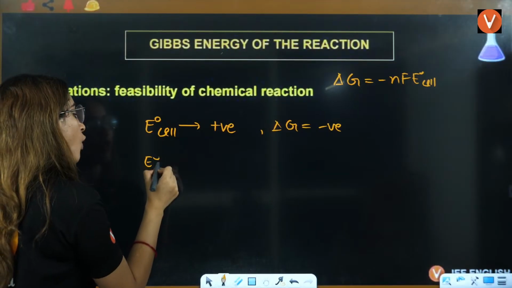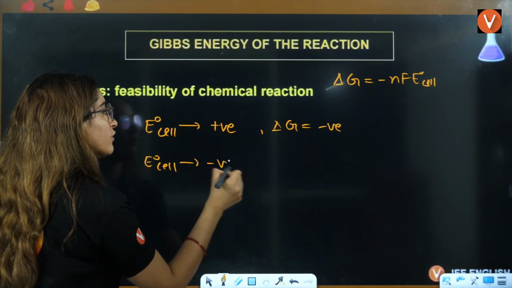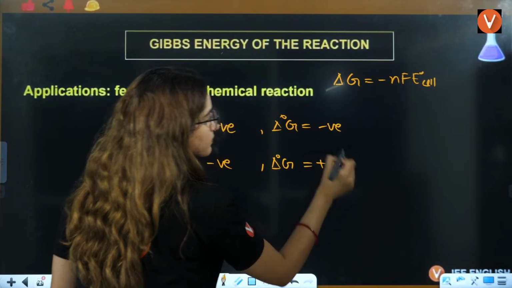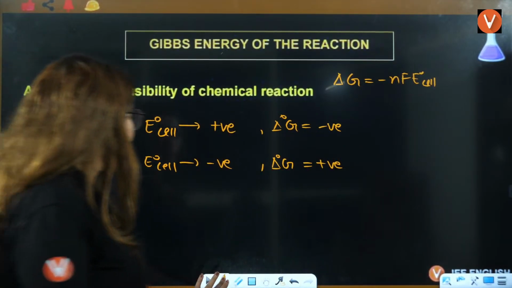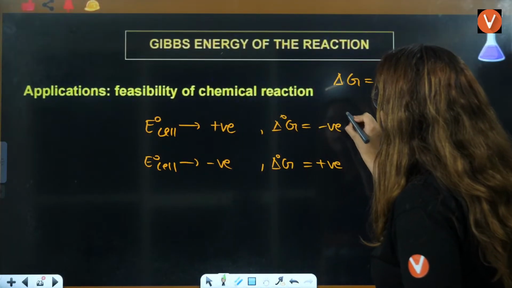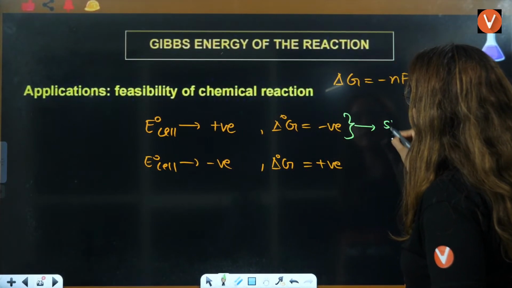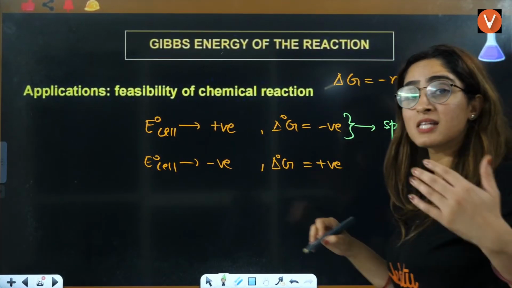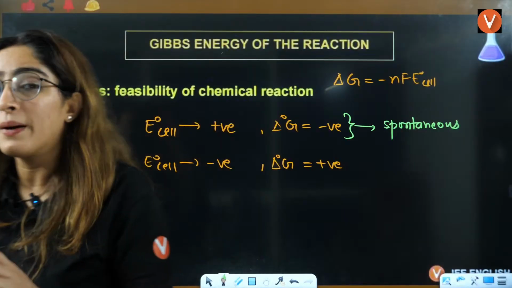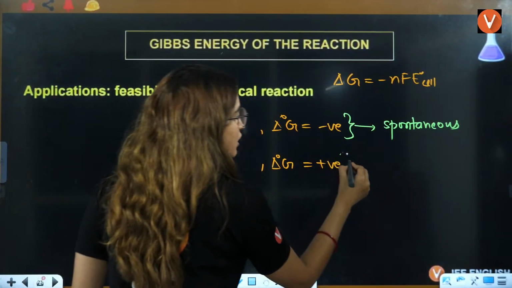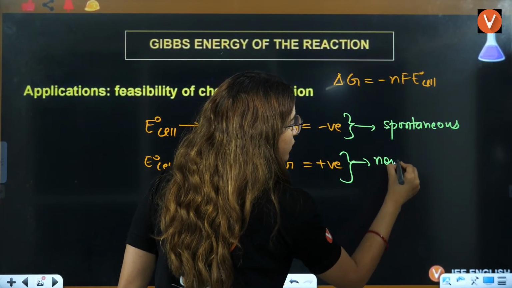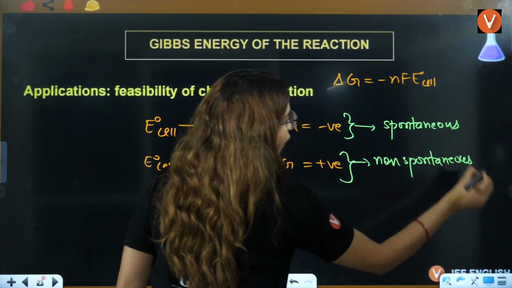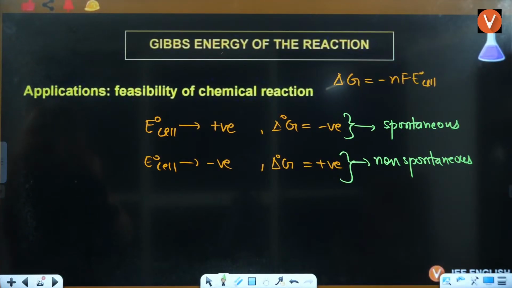If E naught cell is negative, then delta G naught will be positive. Now we know from thermodynamics that if delta G is negative, it is a spontaneous reaction, which means it will occur by itself. It is a feasible reaction. But if delta G is positive, it is a non-spontaneous reaction.